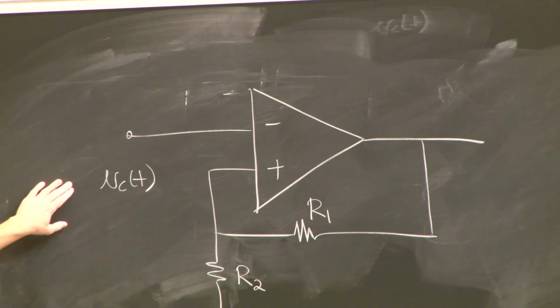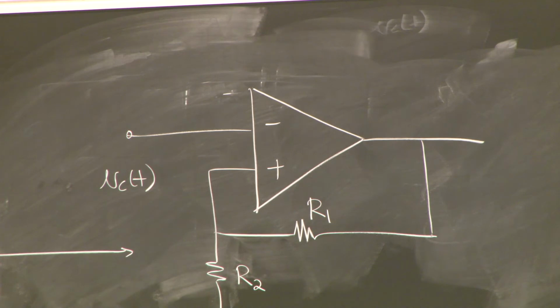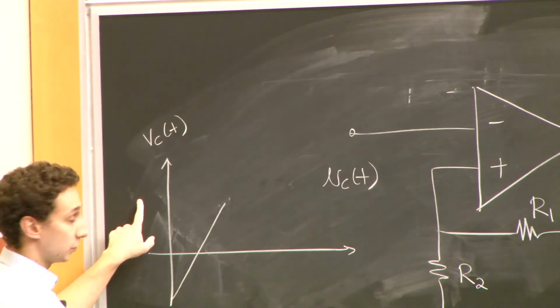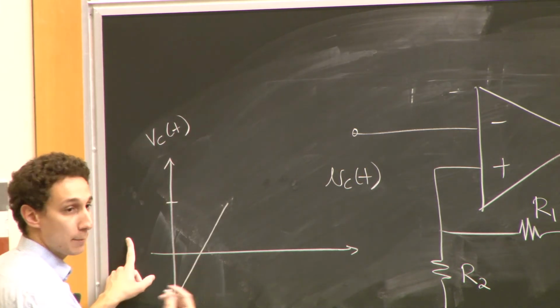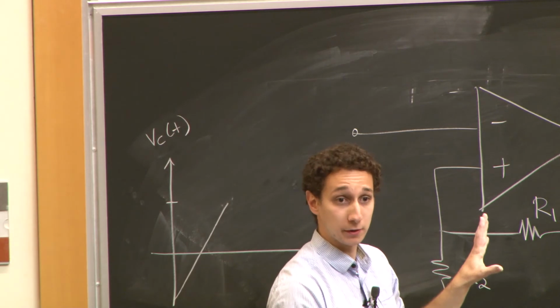We know that VC of t is just a line, right? VC of t looks something like this. It's a line that increases up until I get to some voltage. At that point, the output here, which is being fed back, I've only cut this part of the circuit out.